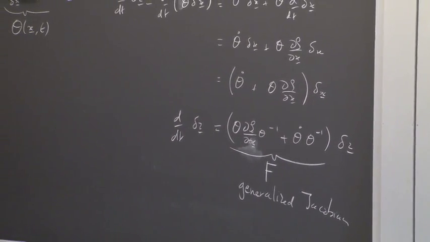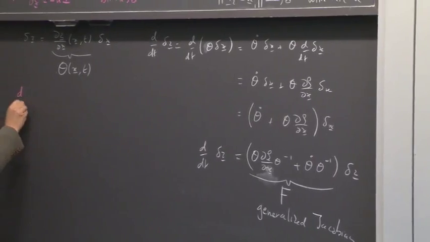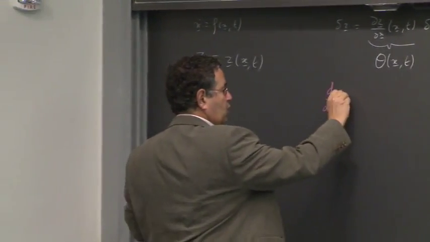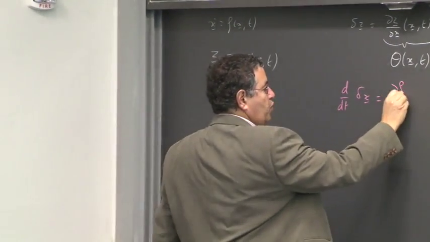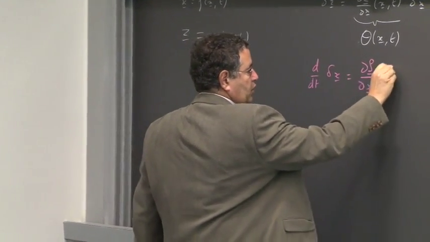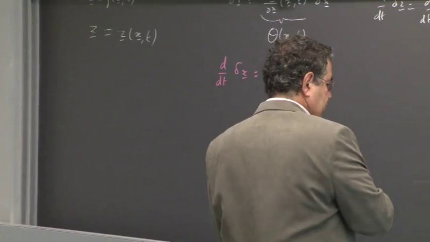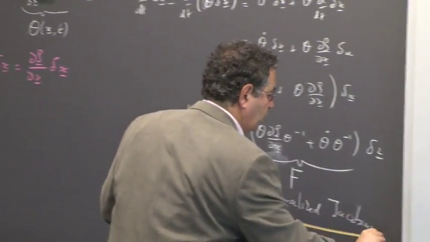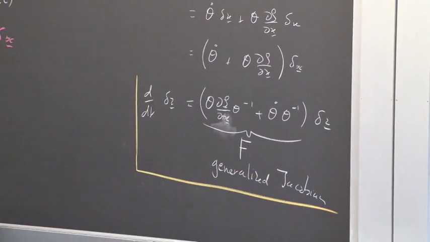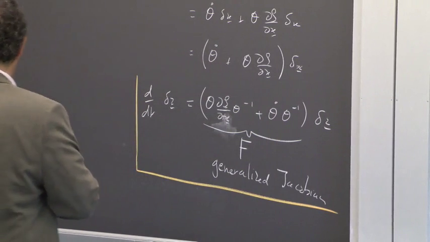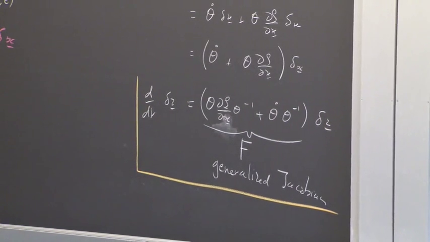We had d over dt of delta x equal to the Jacobian times delta x, okay? And now we have d over dt of delta z equal to this generalized Jacobian, capital F, times delta z. All right?